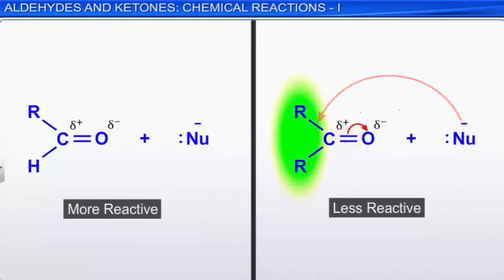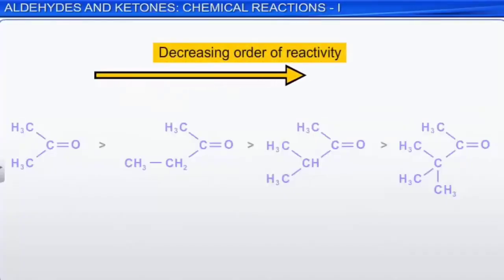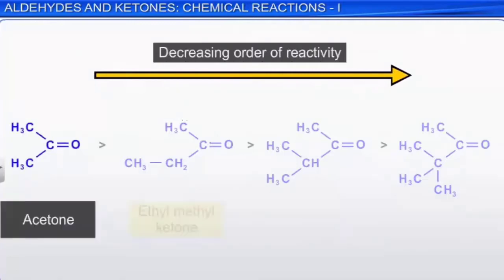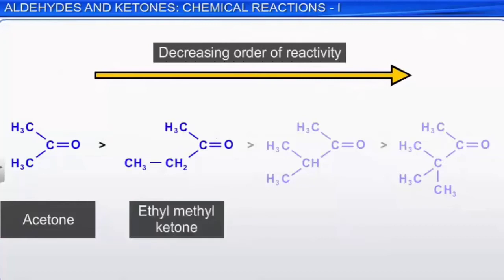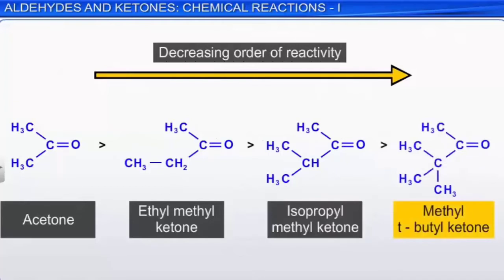Hence, the bulkier the alkyl group, the lesser is the reactivity. Therefore, the decreasing order of the reactivity of ketones is: acetone is more reactive than ethyl methyl ketone, which is more reactive than isopropyl methyl ketone, methyl tertiary butyl ketone.